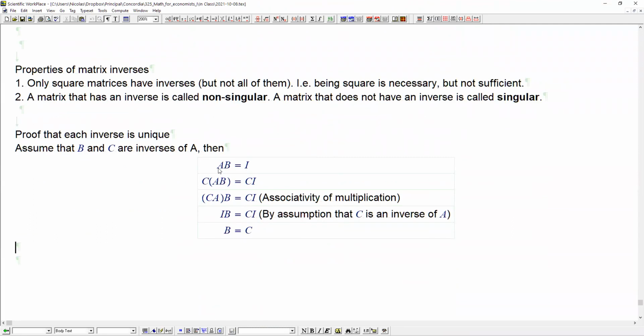You just have to pre-multiply by C on both sides and you find that B equals C. So B and C are the same matrix. So yeah, the inverse is unique.